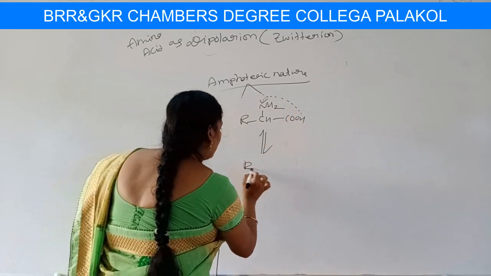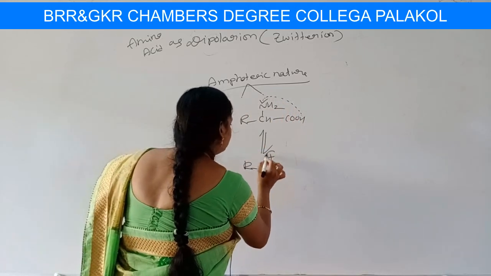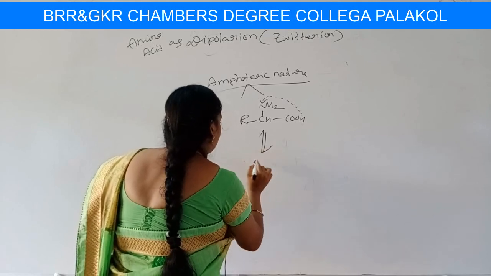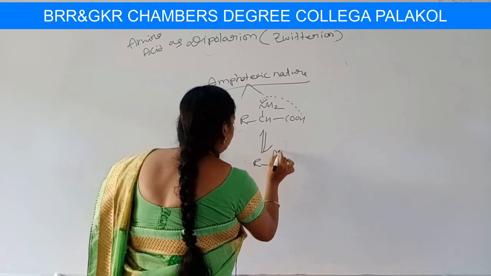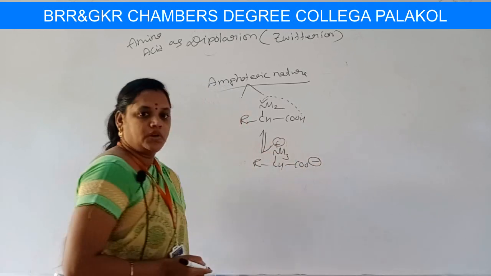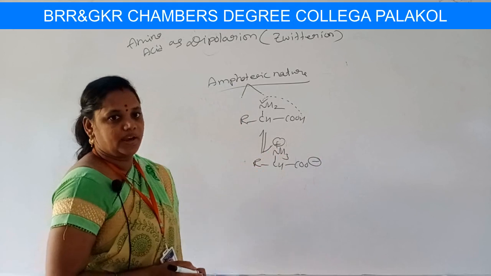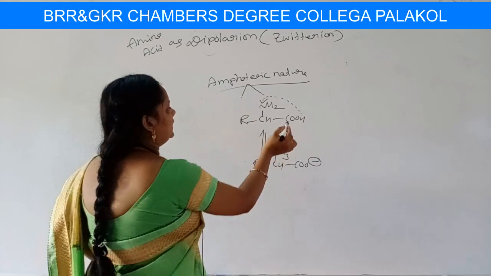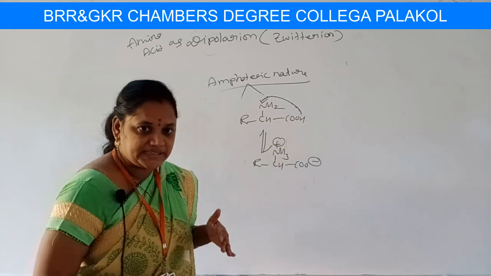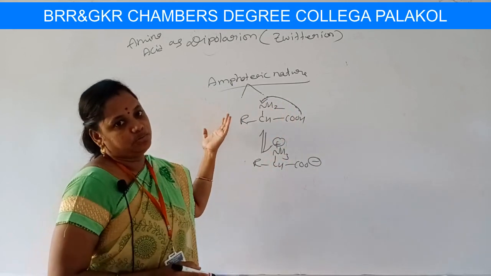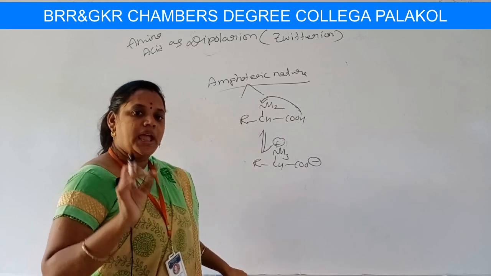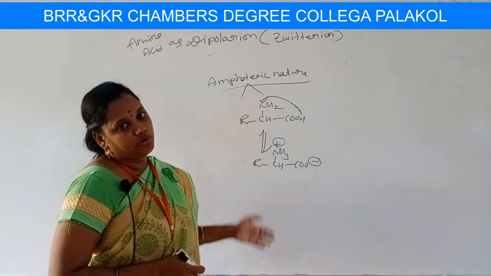So you will get RCH NH3 plus and COO minus. Okay, it is a dipolar ion. What we are doing here is simply a shift of hydrogen atom from acid group to amino group.